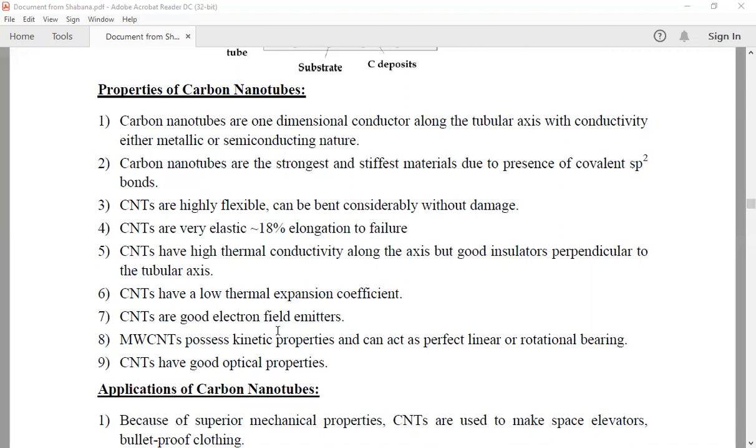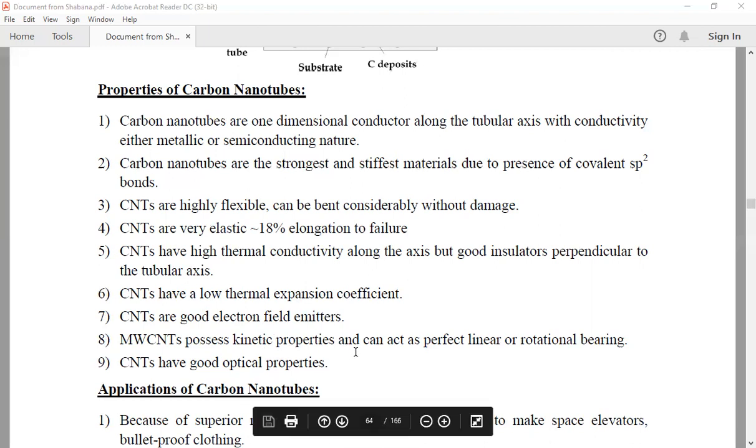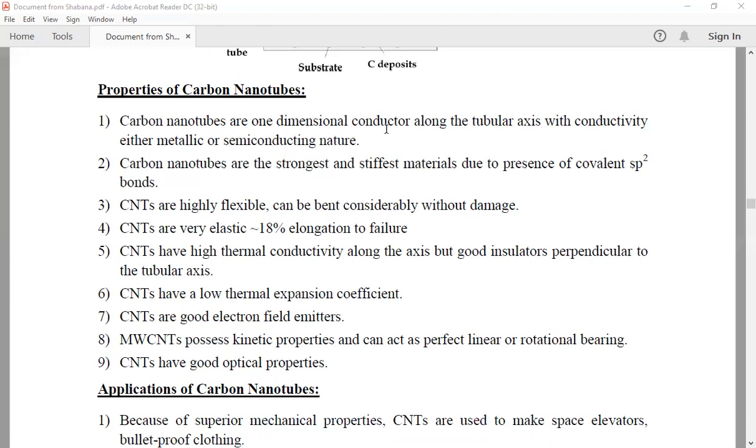Because the electrons propagate only along the tube axis and involve a quantum effect, a carbon nanotube is referred to as a one-dimensional conductor. For that reason, it exhibits one-dimensional conduction along the tubular axis.